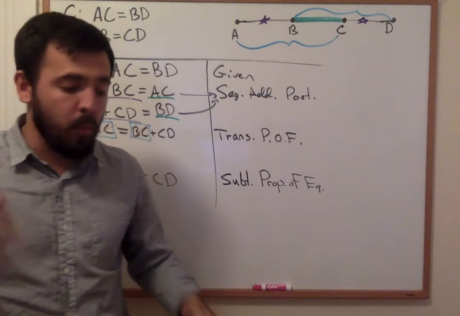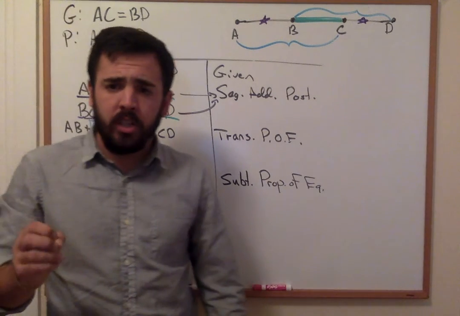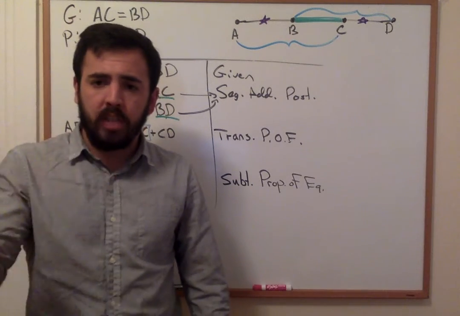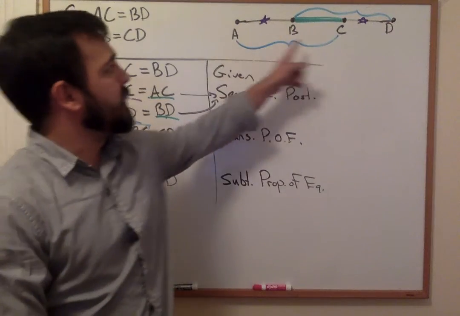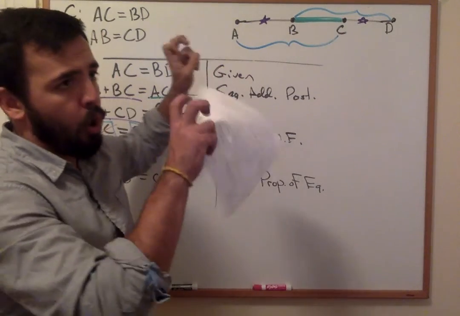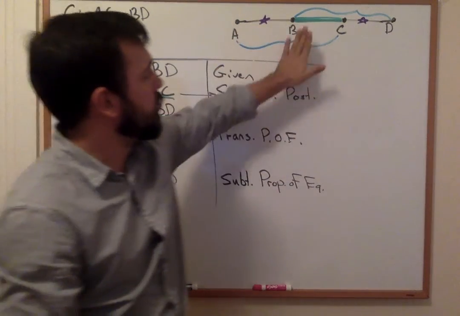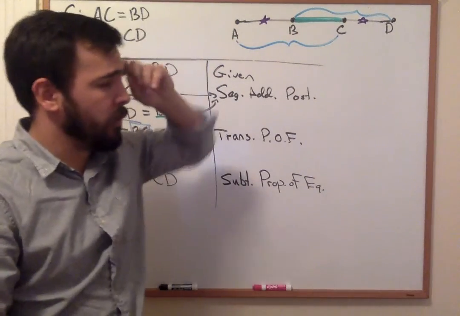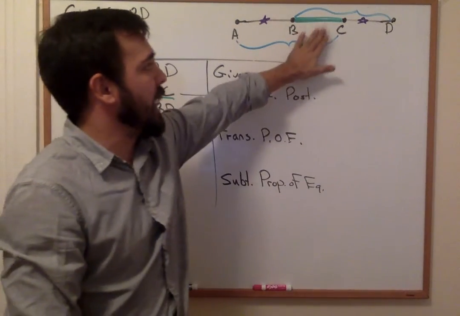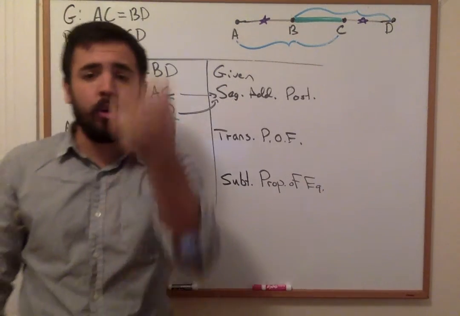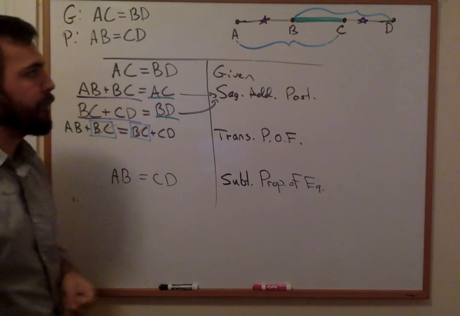It will often be a situation of parts and wholes. So AC and BD are my wholes that are made up of parts. My wholes contain the same part. That's something that I could remove because it's going to be the same on each side.